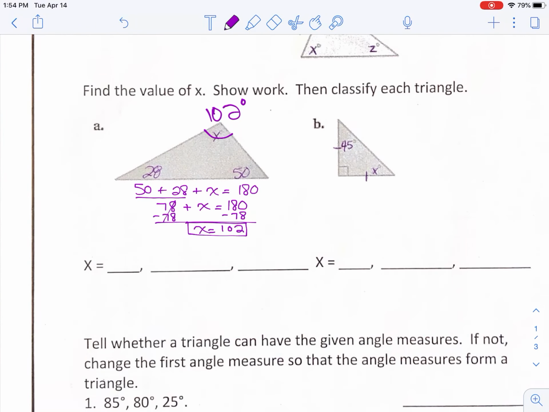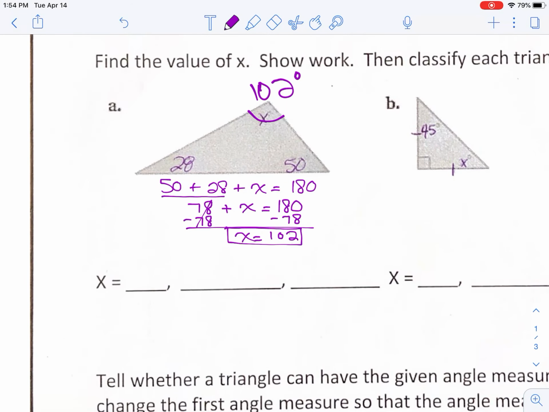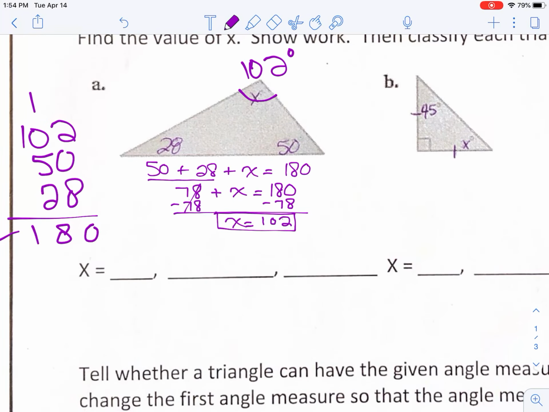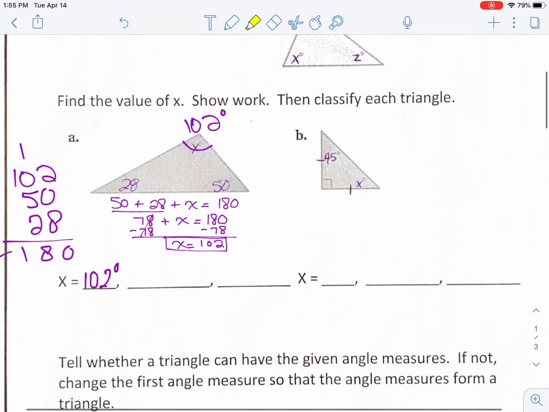Okay, which makes sense. It is opening up, it's obtuse. Again, if you want to double check, which I suggest you do, and I'm fine if you're using a calculator, do 102 plus 50 plus 28 and just make sure it adds up to 180, which it does. We're good. Okay, so my first answer, x is 102 degrees.